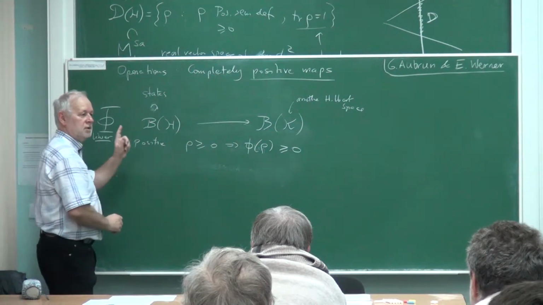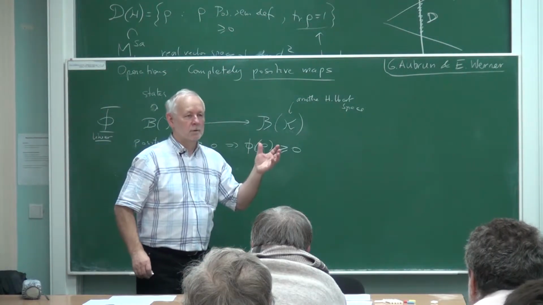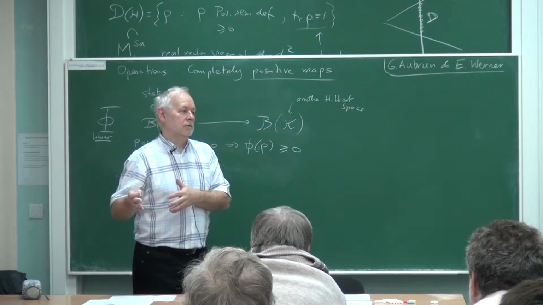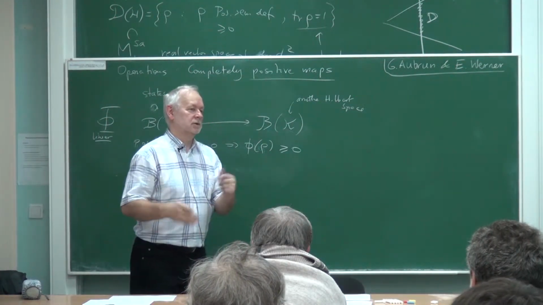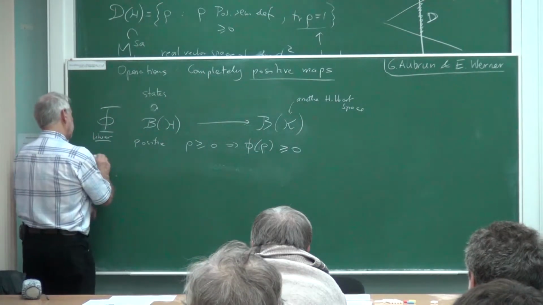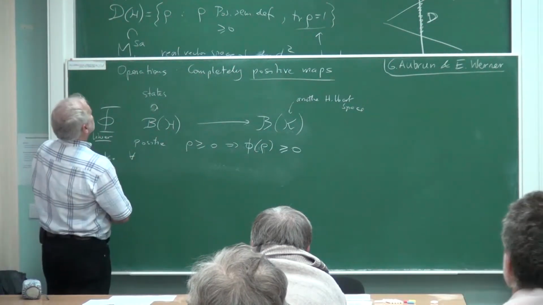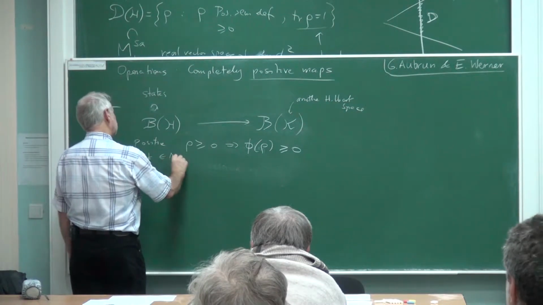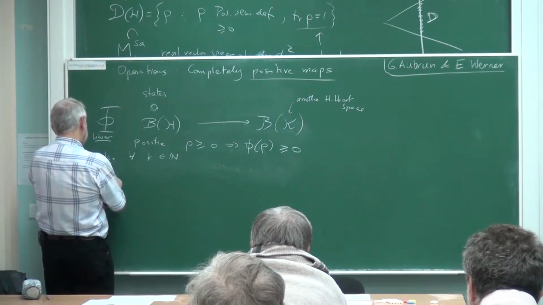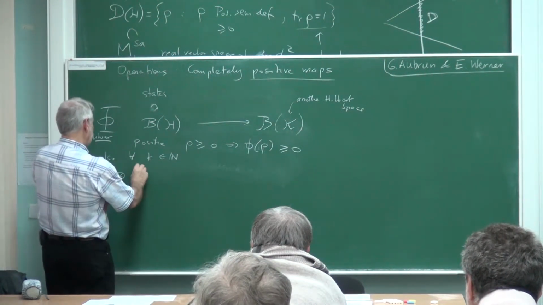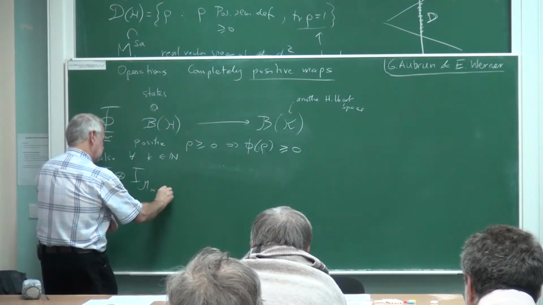And completely positive means that not only is it positive, but if you work not only with scalar coefficients but also with matricial coefficients, then it also remains positive. Formally it's expressed in the following way: for every k in N, consider the map phi tensor product with identity on k by k matrices.